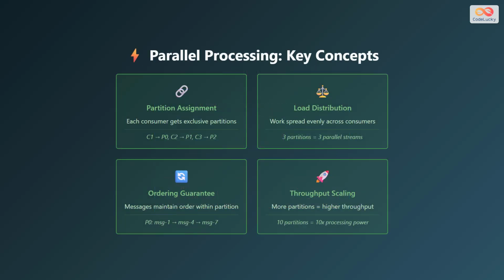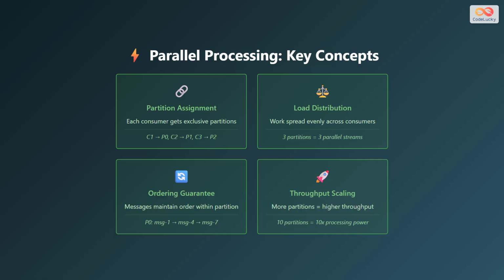Now let's understand the principles that make parallel processing work. First is partition assignment. Each consumer gets exclusive ownership of partitions, ensuring no message is processed twice. Second is load distribution. Work is spread evenly across all consumers. With 3 partitions and 3 consumers, each consumer processes roughly 1/3 of the total throughput. Third is ordering guarantee.